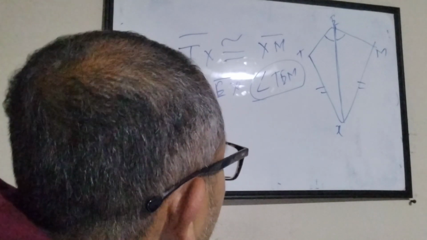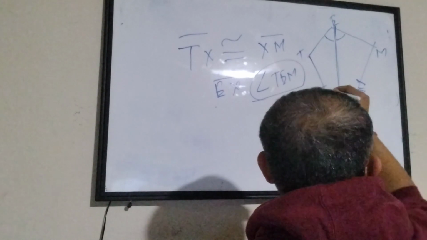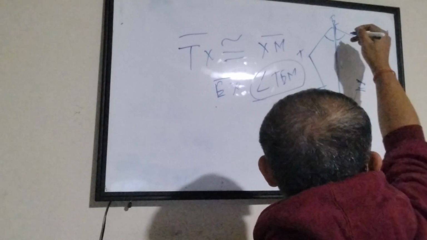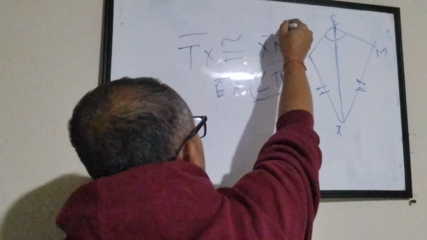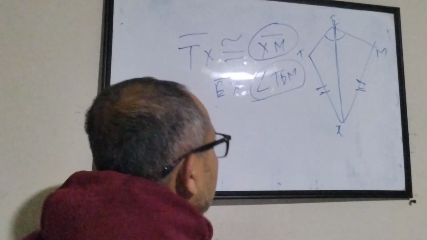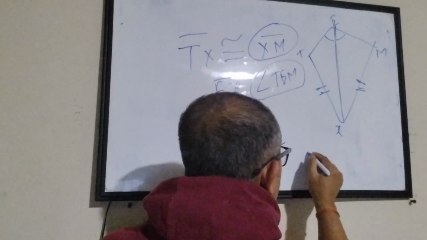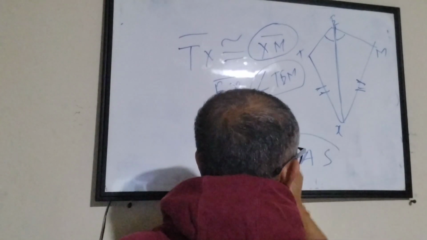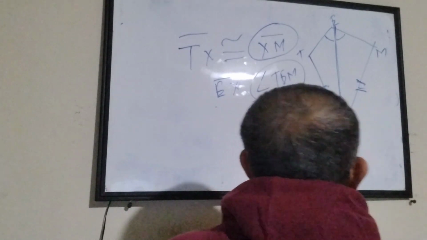So what you have got is one side matching. SAS would need two sides: side, angle, side.